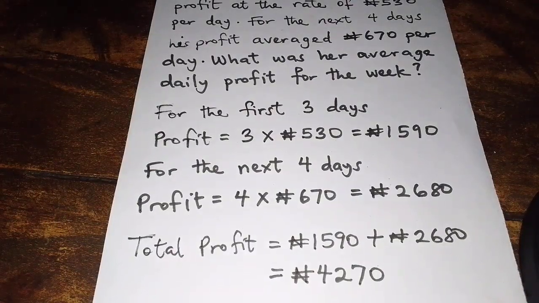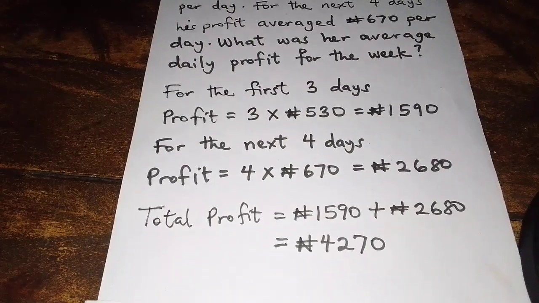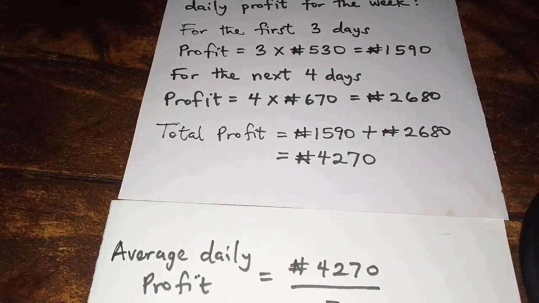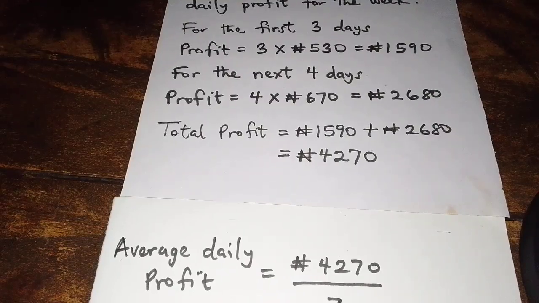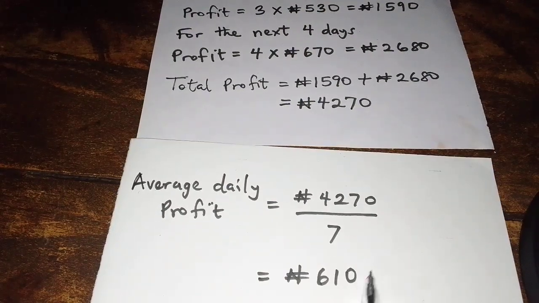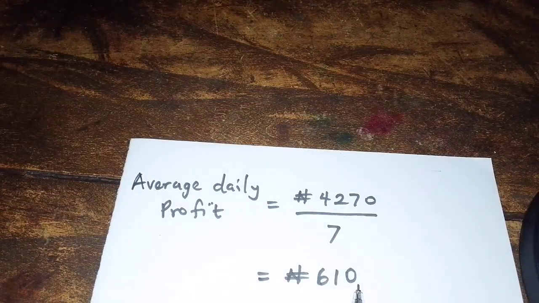Then what was our average profit per day? You divide the total profit by 7, which gives you 610 naira. So the average profit this man makes is 610 naira per day.